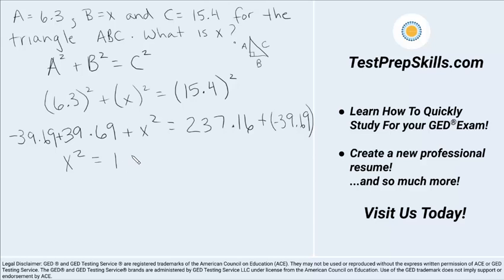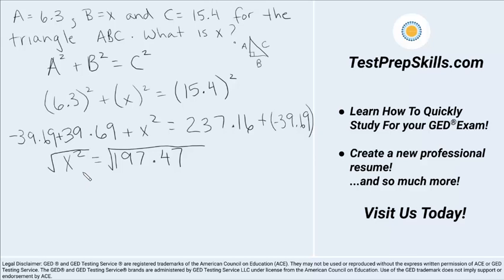And that's going to give us 197.47. Now we're going to take the square root of both sides. That's going to be our final step to get this x isolated as just an x, right? Because that's what we need. We don't care really what x squared is equal to. We need to know what x is equal to.